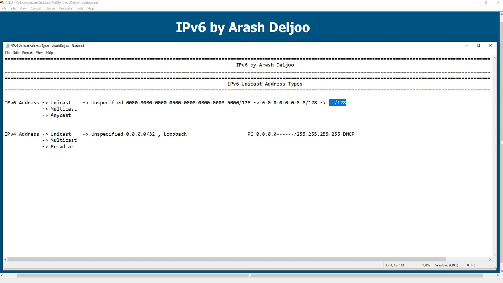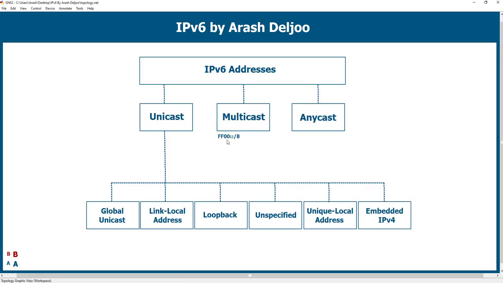When you don't have an IPv6 address, you can use this IP address as the source IP. This IP address can be used only as a source IPv6 address. This is the first type of the unicast IPv6 addresses, unspecified. Now we can add this type to our table. Look here, this is our table, and now we have learned about one of the unicast IPv6 addresses, and that is unspecified, ::/128.